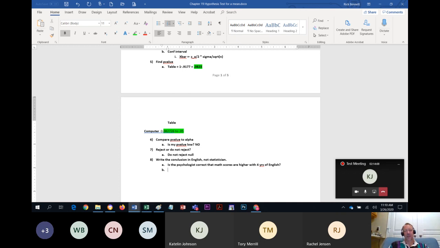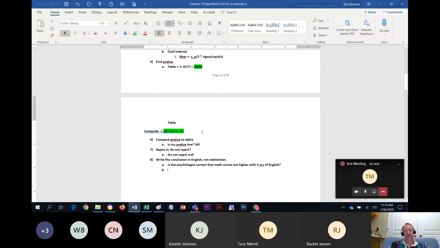What do you guys think? Is it incorrect? Why do you say that? Because with alpha being at 0.05 and the p-value at 0.08, that means it wasn't statistically significant. Okay, very good. You are definitely on the right track.